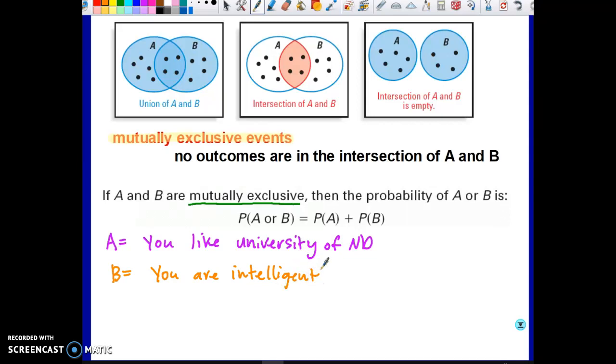Now we obviously know that A and B are mutually exclusive, which means they can't happen at the same time. You can't like the University of North Dakota and be intelligent. So the probability that you are either a fan of UND or intelligent would just be the probability that you're a fan of UND plus all the ways that you could be intelligent.